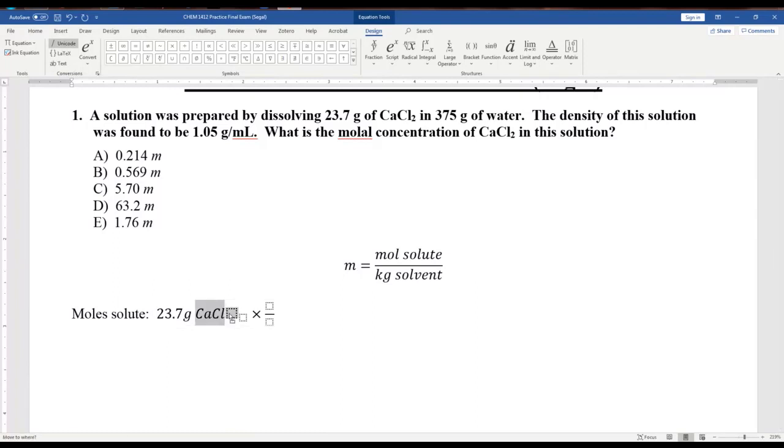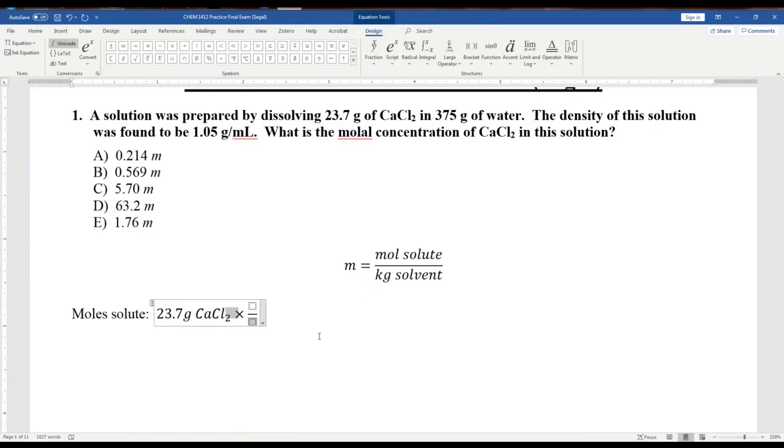Yeah, exactly. So you have CaCl2, and the molar mass is on the bottom. If I calculate the molar mass, calcium is about 40.08 and chlorine is about 35.45.